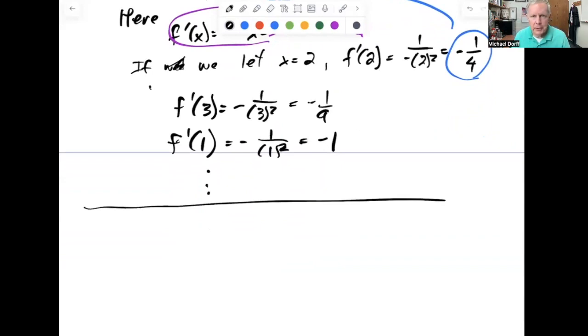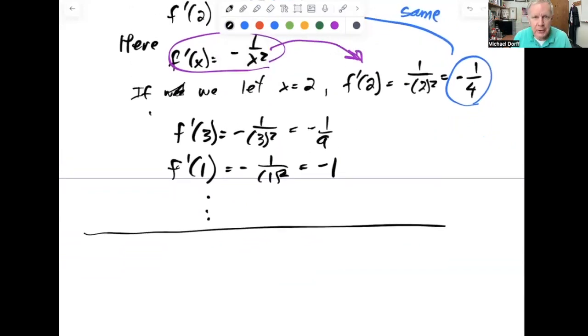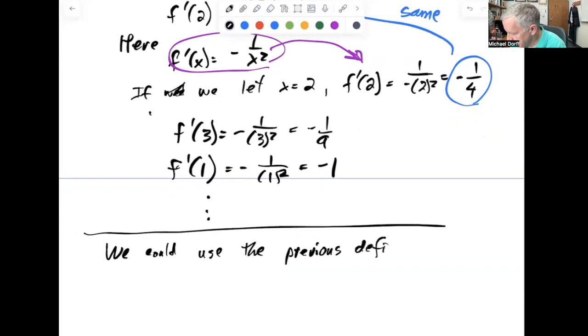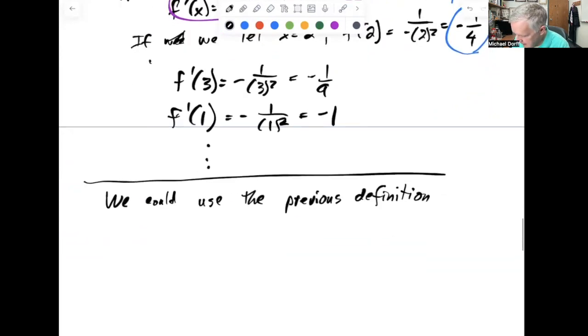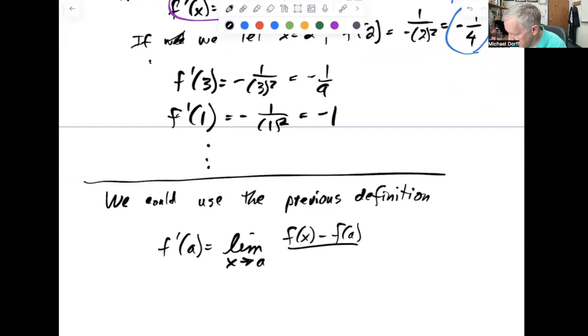One other part here too is that I could use my previous definition. So we could use the previous definition that we called B at the very beginning of this presentation, that the derivative at A is going to be the limit as x goes to A of f of x minus f of A all over x minus A. So you could do this, and then how do you find f prime of x?